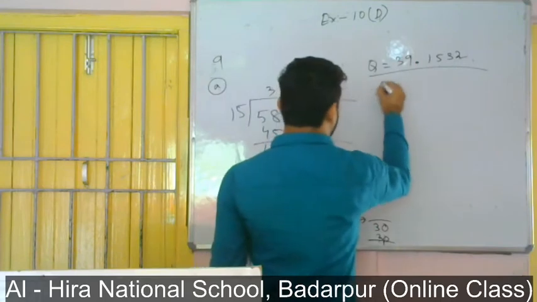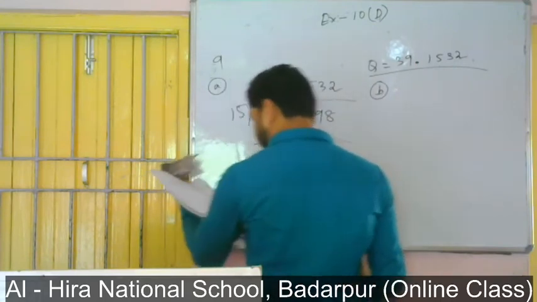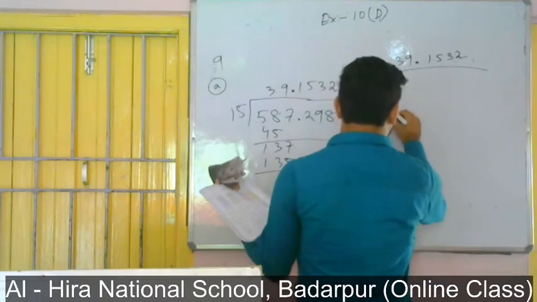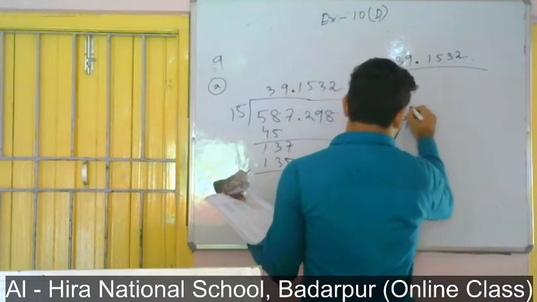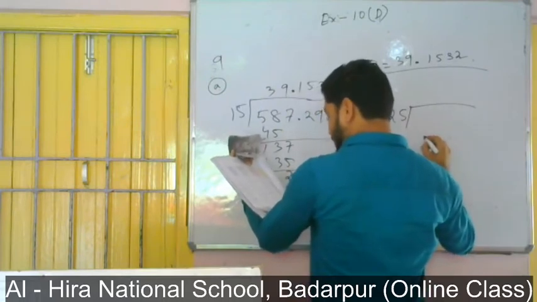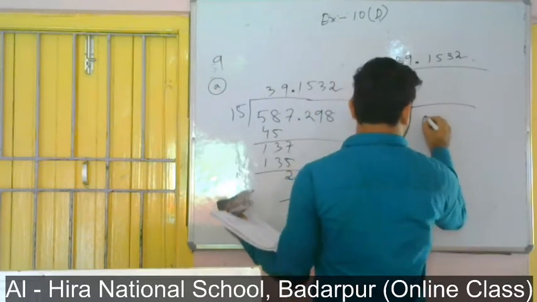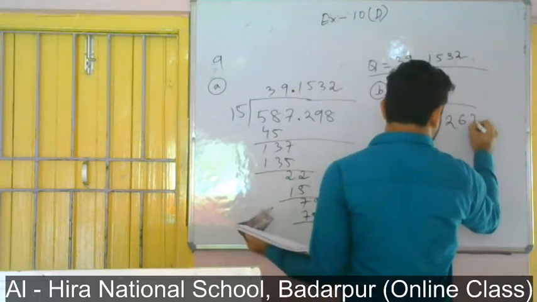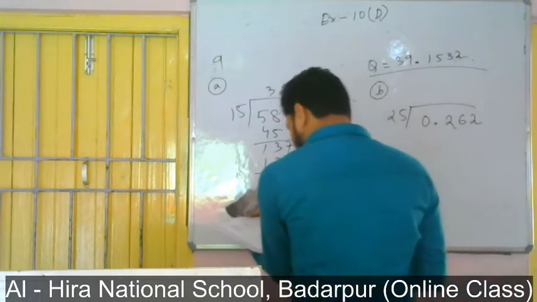Now come to 9B. What is given? 25 is the divisor and 0.262.